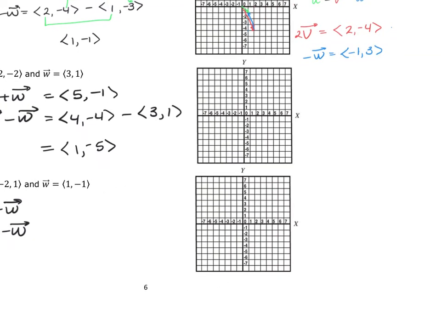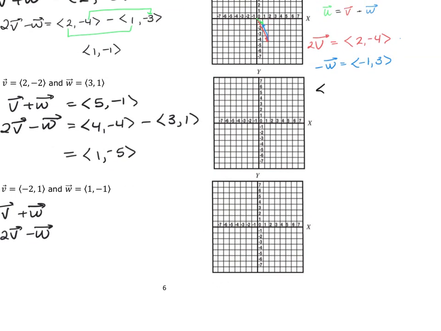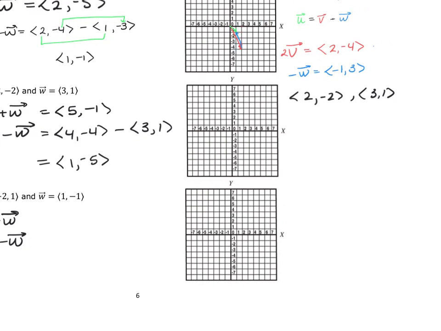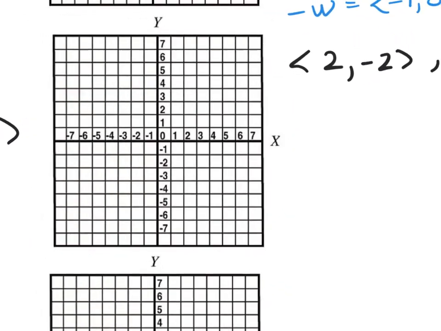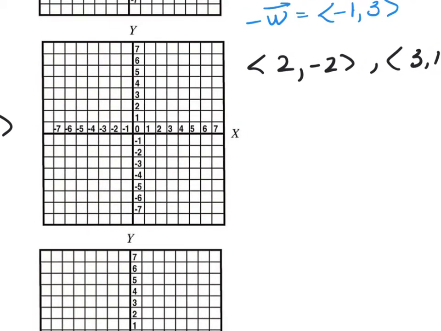Again, I'm going to put these over here so I can get my vectors when I zoom in on my xy. Okay, so let me zoom in. My first vector, again, I'm going to do in red, so that is my v vector. I'm going to go positive 2 in the x direction and down 2 in the y direction.